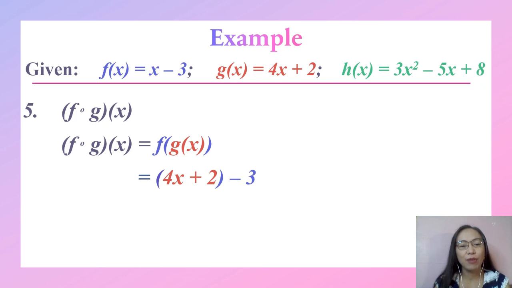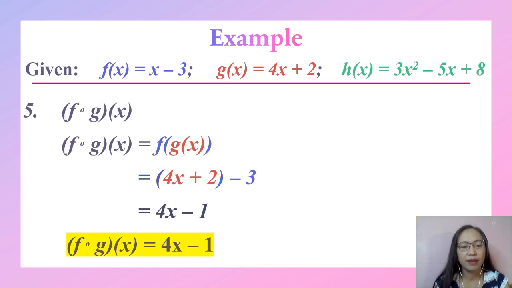Okay, and now we simplify. 4x here has no similar term, therefore we can bring it down. Then we have the constants, positive 2 and negative 3. 2 minus 3 is negative 1. Therefore, you have 4x brought down, plus 2 minus 3 which is negative 1. Therefore, our answer, f composition of g of x, equals 4x minus 1.